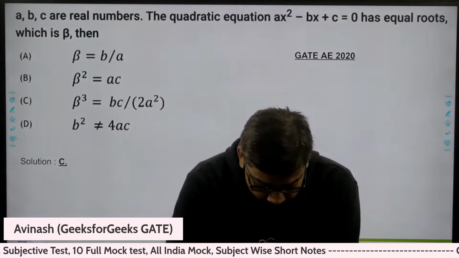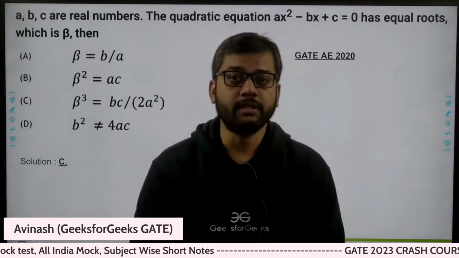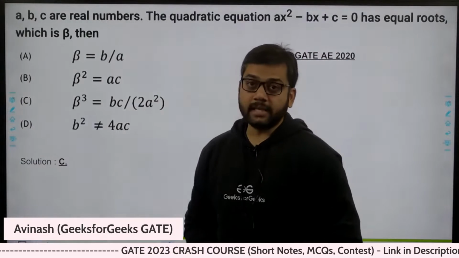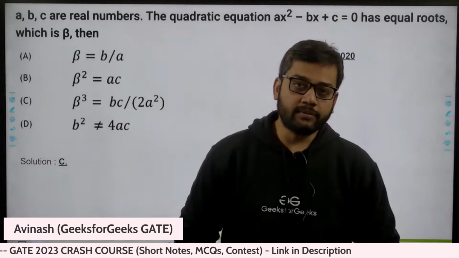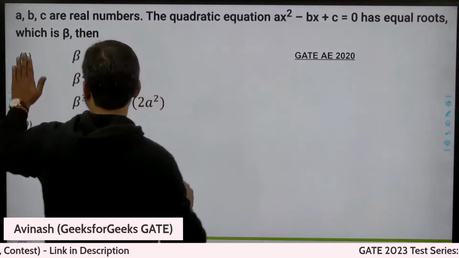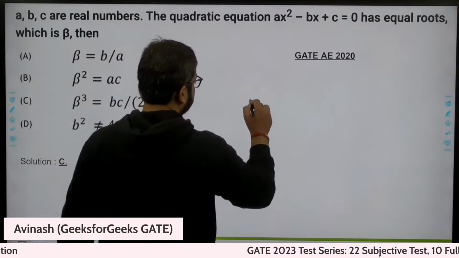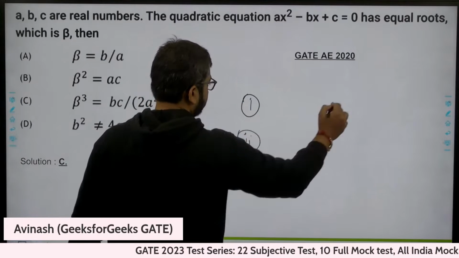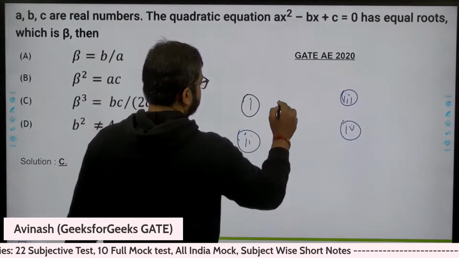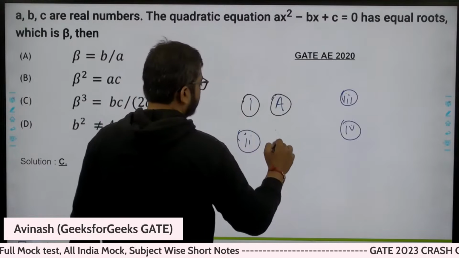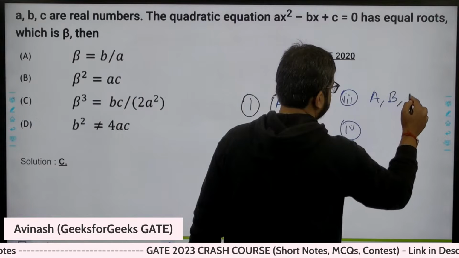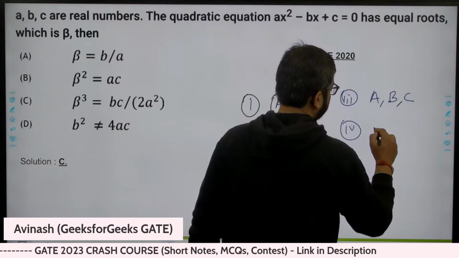Can MSQ type questions come in the aptitude section? GATE aspirants are asking about MSQ, multiple select questions. Yes, they have asked this kind of question. If it is an MSQ, the options will be like: only A is correct, B or C is correct, A, B, C are correct, only D is correct.